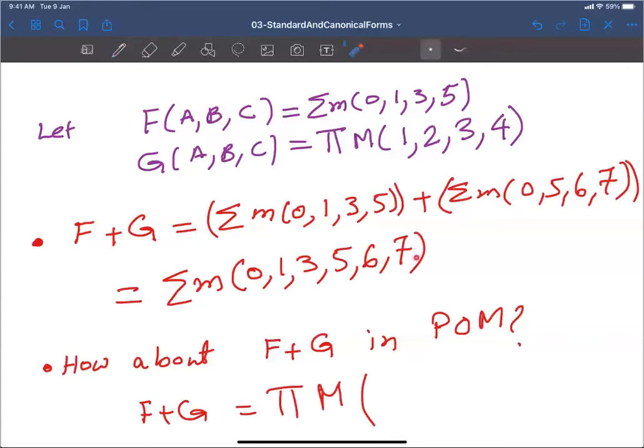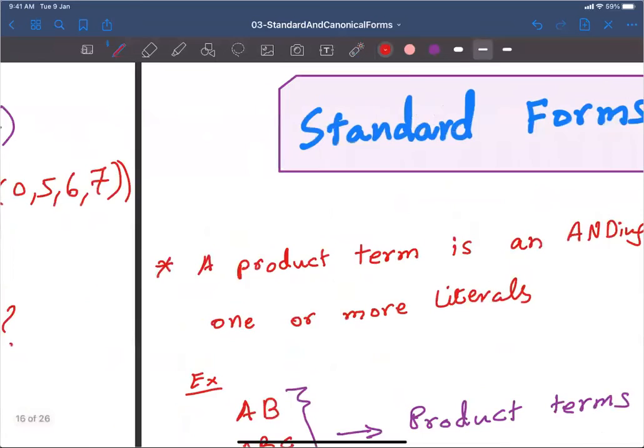Because this is F or G in sum of min terms. So any index that doesn't show up here will be in here. So this is going to be 2, comma 4. That's it, right? Any question?